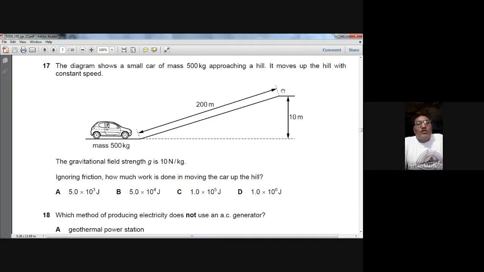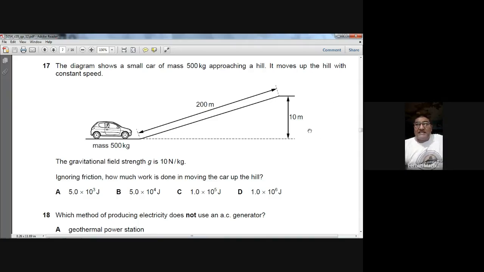But if you don't know the driving force, another method of calculating the work done when something is moved on a ramp is by calculating the gain in the potential energy. And the formula for that is mgh. Mass multiply g value, gravitational field strength, multiply height, the vertical height you gained.